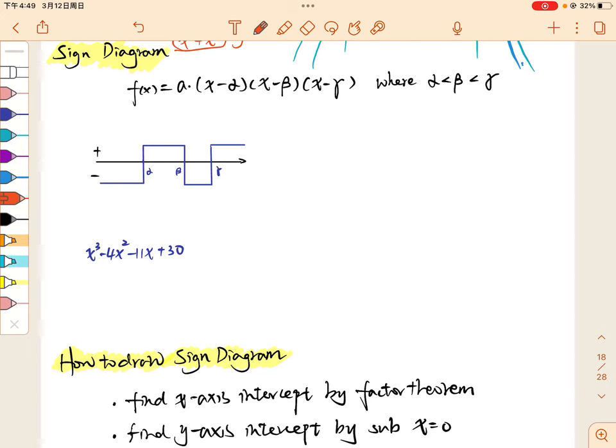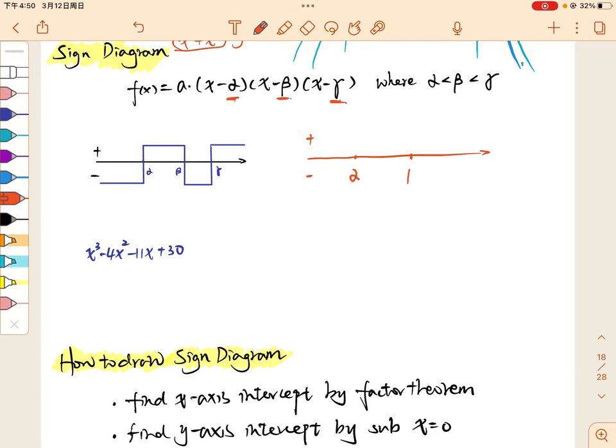If the question gives you a function in factorized form already, you just draw a line, like a number line, where above the line is positive and underneath the line means negative. You find the x-axis intercepts. Here, it would be alpha, beta, and gamma.